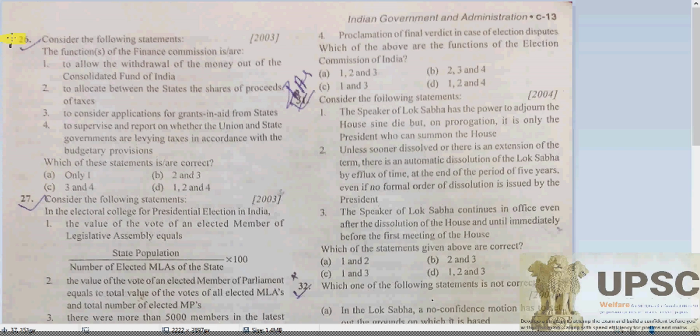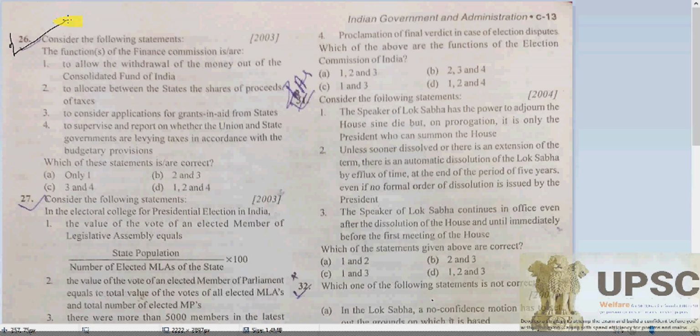First, question number 26: consider the following statements on the function of the Finance Commission. What is the function of the Finance Commission? As we know, it decides how much revenue has to be allocated to a state and how much fund will be allocated to the central government.